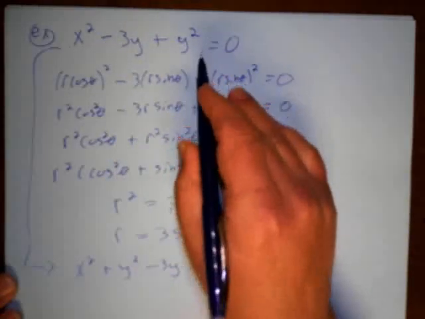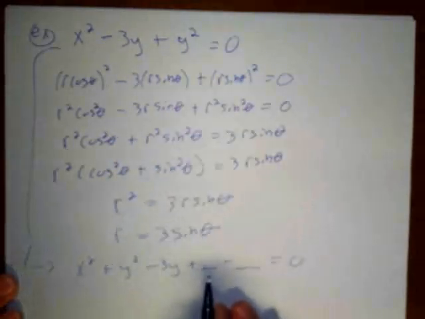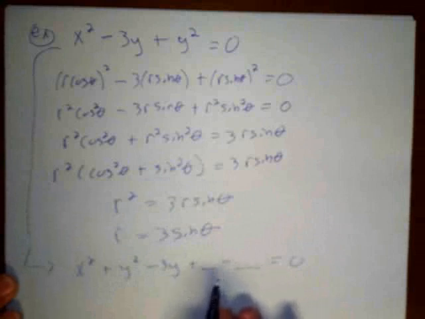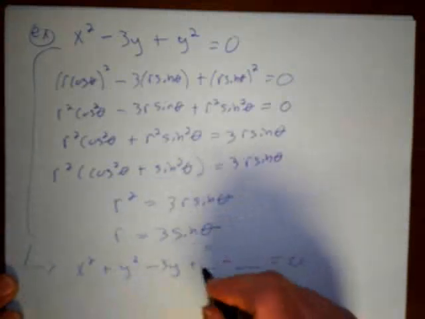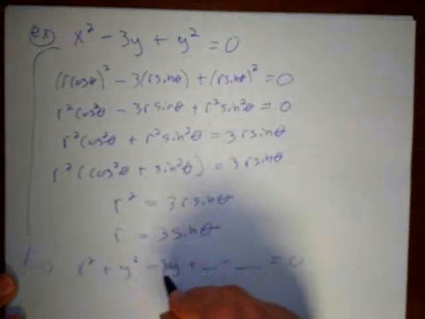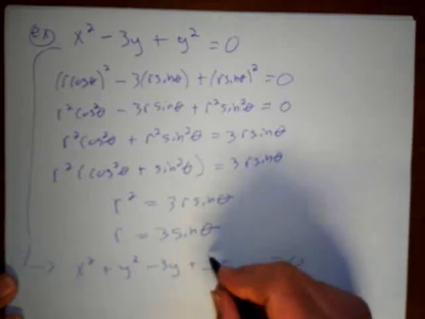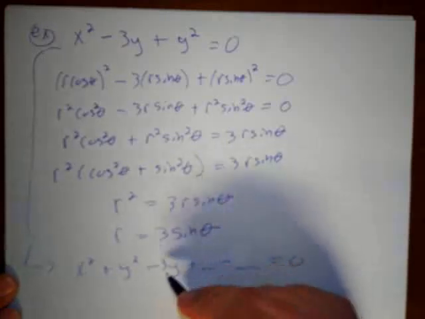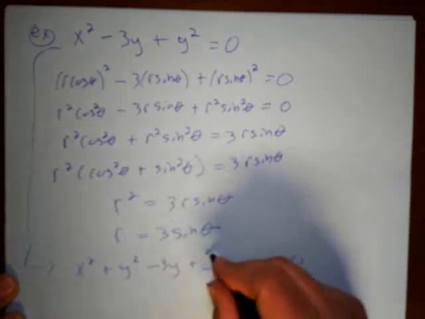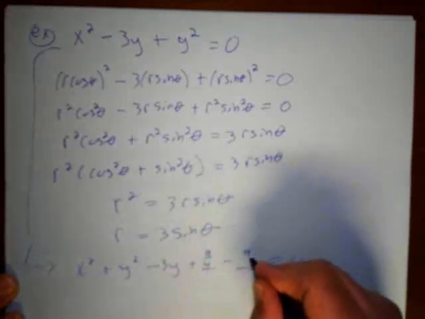So I just brought the 3y over there, and then I'm going to add something, subtract something to complete this square. What I'm going to add and subtract is half of 3 squared, and so half of 3 would be 3 halves, squared would be 9/4. This would be 9/4.